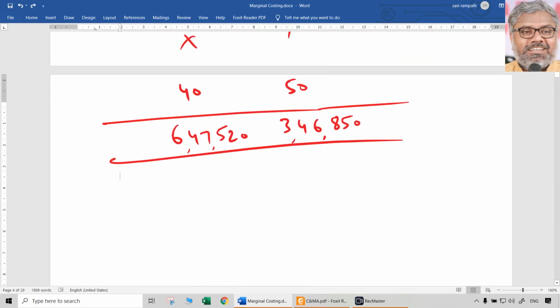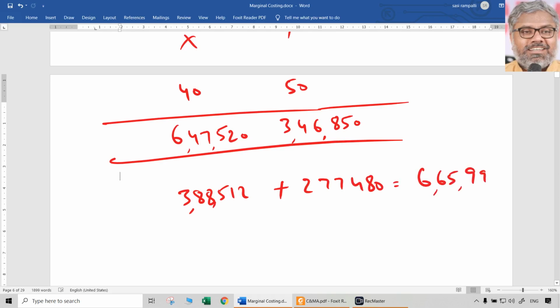Just multiply 6,47,520 into 60%, that comes to 3,88,512, plus 3,46,850 into 80% PV ratio, that comes to 2,77,480. If you add them, approximately 6,65,992.